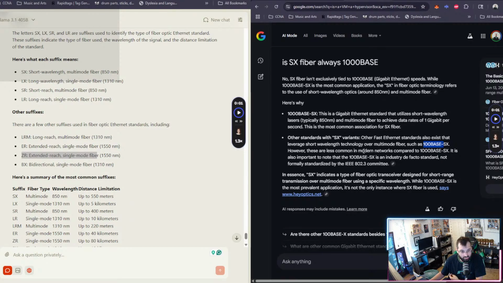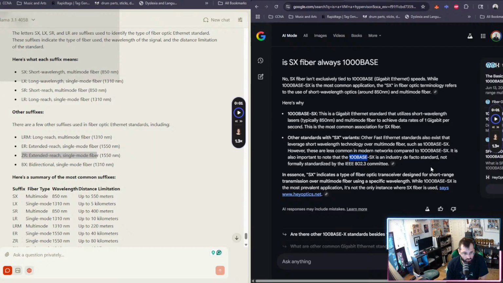However, these are less common in modern networks compared to 1,000 base SX. It is also important to note that the 100 base SX is an industry de facto standard. So even though it is not common, it's the standard. So everything's just naturally a standard above the standard, not formally standardized by the IEEE committee.